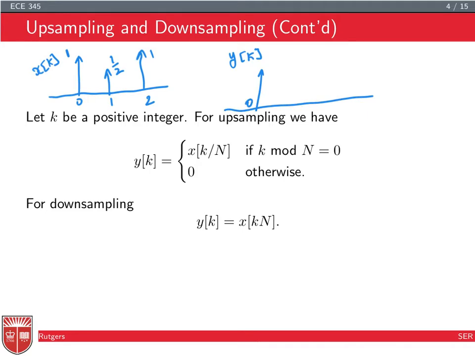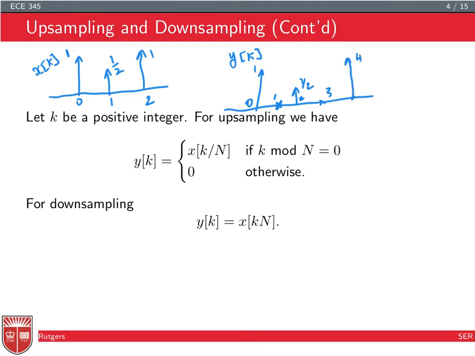At 0 it is 1, at 1 it is 0, and at 2 it is 1/2. Then you have a value that is 0, and then at 4 you have 1 again. So that's the upsampled version.